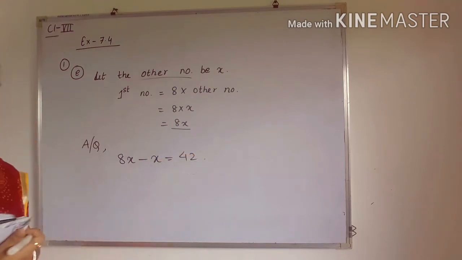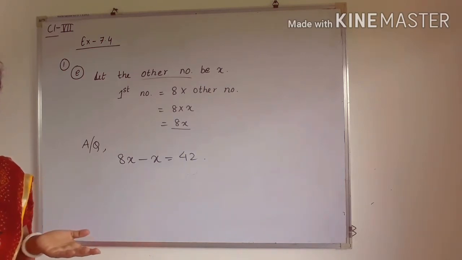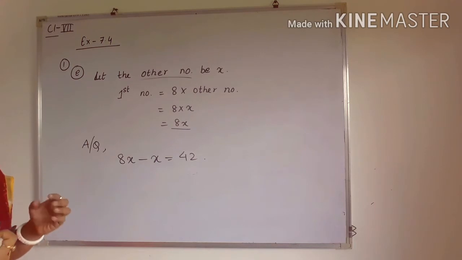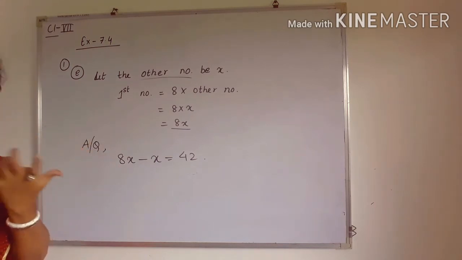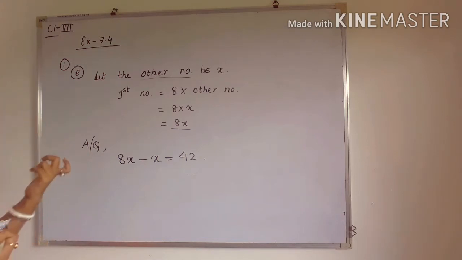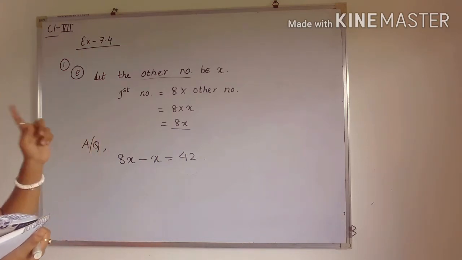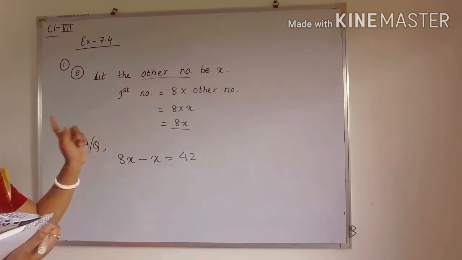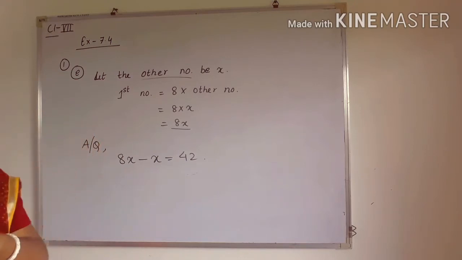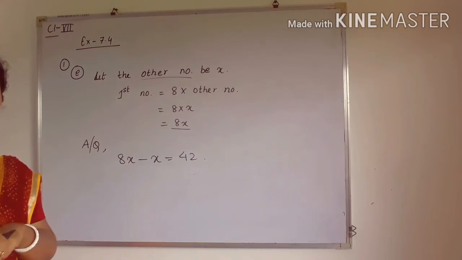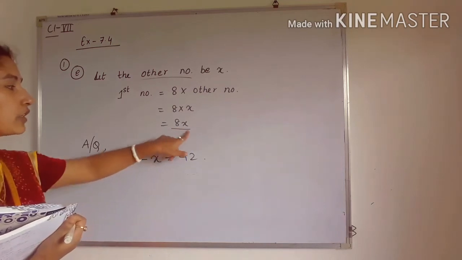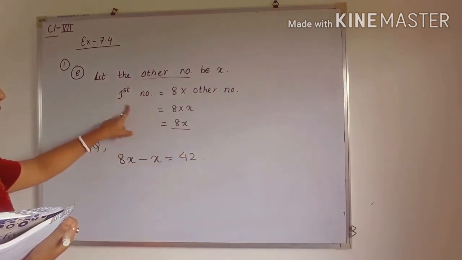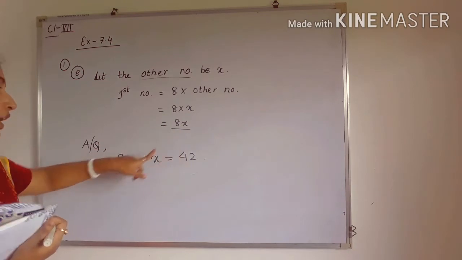Remember, here it is not given which number you have to subtract from which number, so you have to judge by yourself. What is your judgment? Here we are taking two numbers and it is given that the first number is 8 times the other number. That means the first number will be bigger because it is 8 times the other number. So we have to write the greater one first.